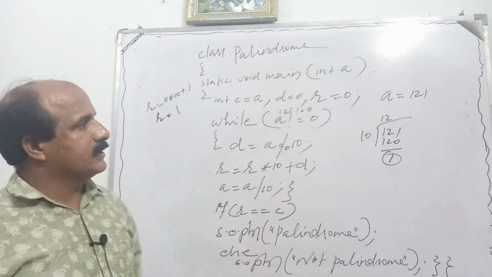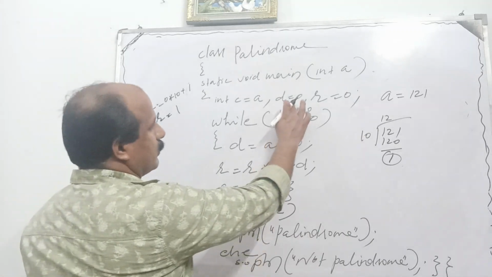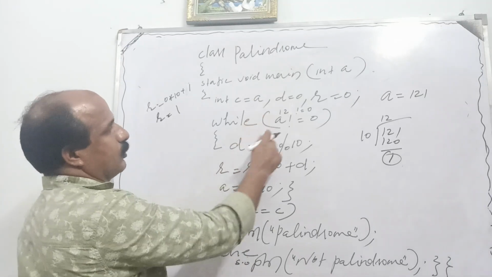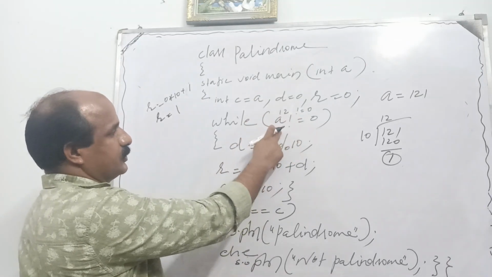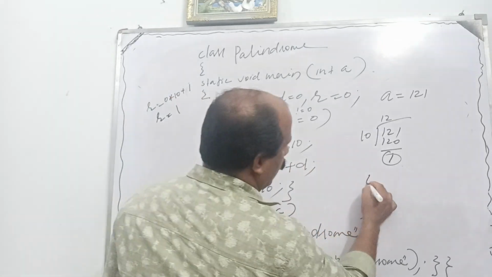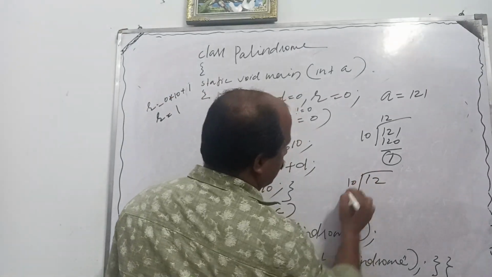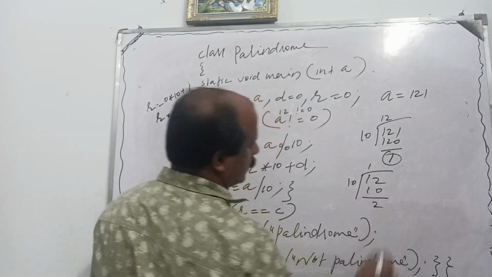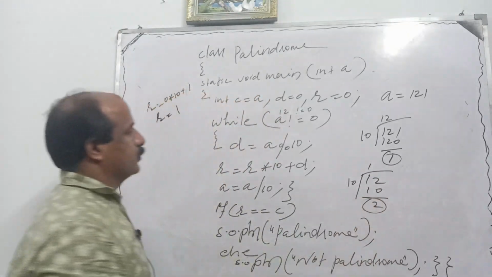See, the new value of A is 12. Coming over here, 12 not equal to 0? Yes, the condition is true. D is equal to A modulus 10. So 12 modulus 10: how many times? 1 time, then 10, then 2. What is the modulus? 2.